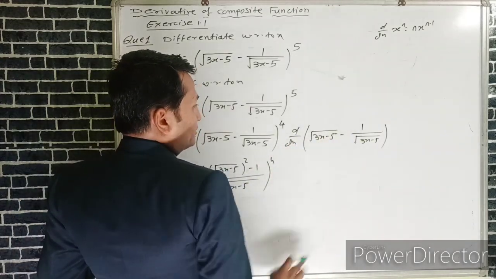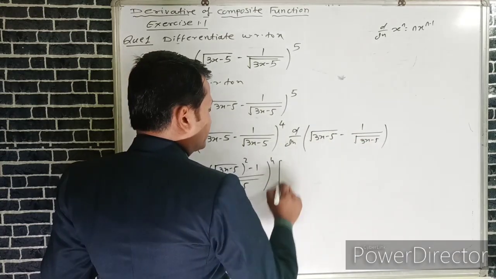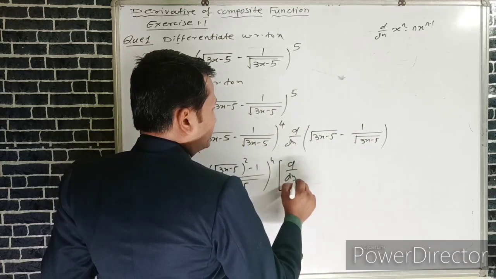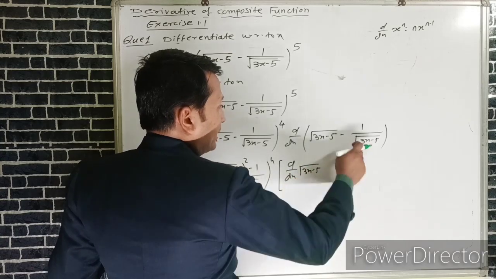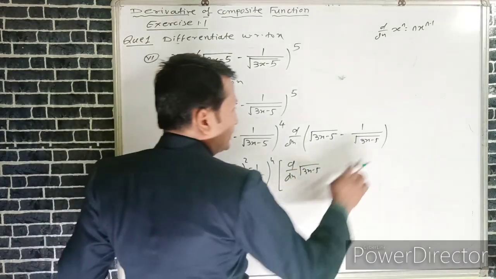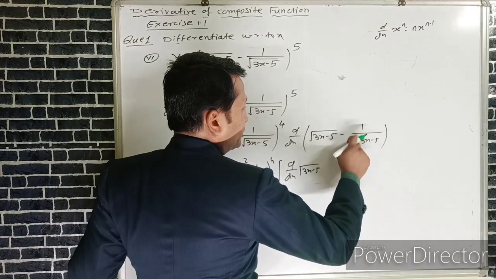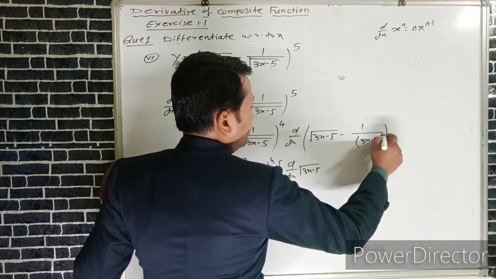We can take here the separate derivative of both functions. First we take the derivative of √(3x − 5), and this term we can also write as (3x − 5) whole raised to the power 1/2.